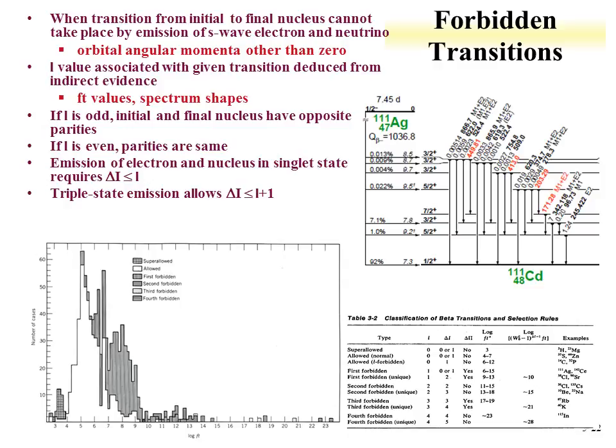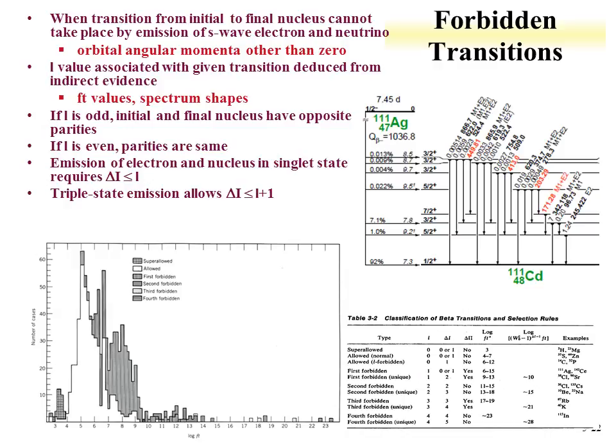We've gone through how we could actually use our ft values, something related to spectral shapes with the Curie plots, to see if the transitions are going to be allowed or not. If you remember when we calculated the log ft value for the beta decay of bismuth 213, it fell in this value for first forbidden transitions.